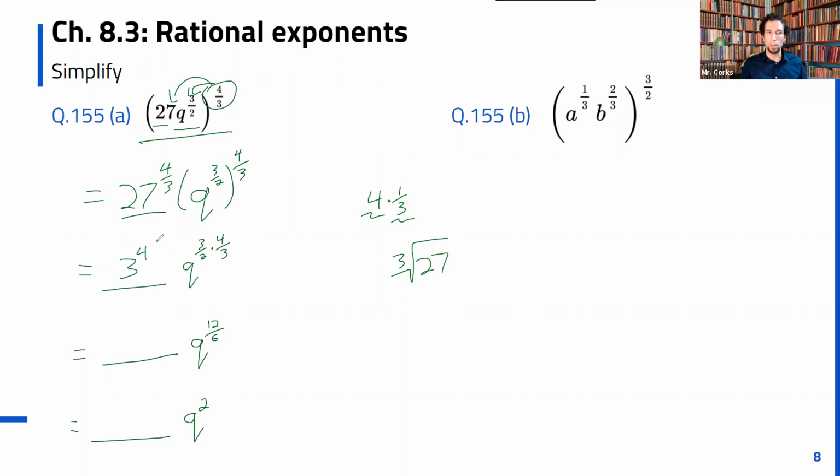Okay, and then that we can calculate. So 3 to the exponent 4, that's 3, 9, 27, and then just one more, 27 times 3. We might know that number. It's going to be 81. So 81 q squared is our final result here.